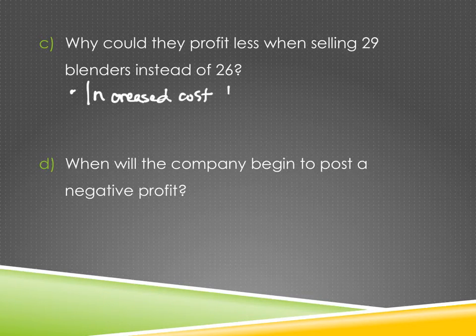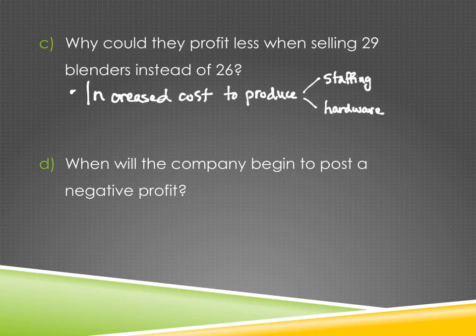Okay, so one option is that there might be an increased cost to produce them. So that could include staffing, right? Increased number of workers, like Lainey mentioned. It also could be an increase in the actual physical components of the product, right? You have to buy more of them. So an increase in the hardware, we'll say, the actual product you're making itself.